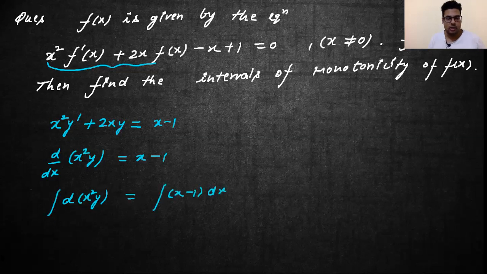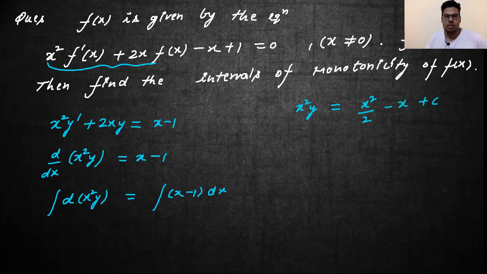You will integrate both sides, and d of x square y, we have seen it before, will be x square y only, and here you will have x square by 2, and here we can get minus x plus some constant c.